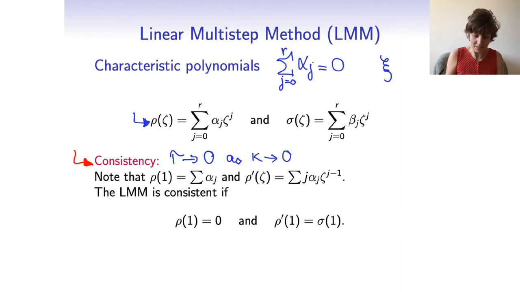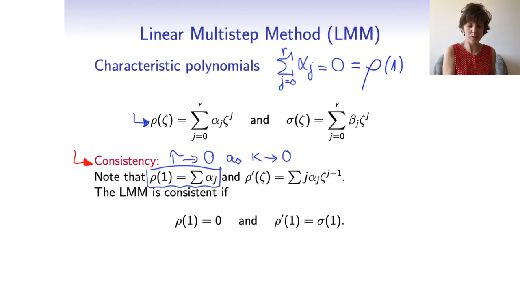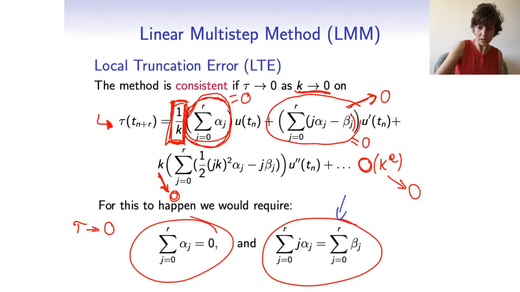So if we define some polynomial on psi, so this polynomial at 1 will be the sum of alpha j, which is equivalent to this. So we require that this polynomial rho be 0 at psi equal 1. And the second condition was this one, okay?